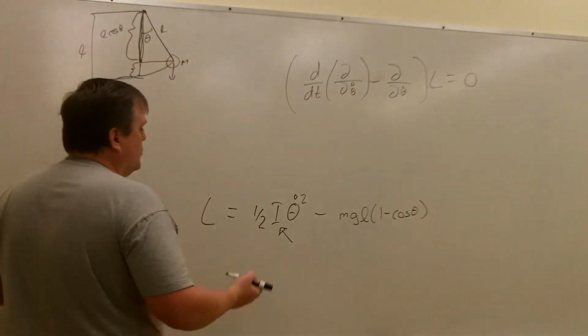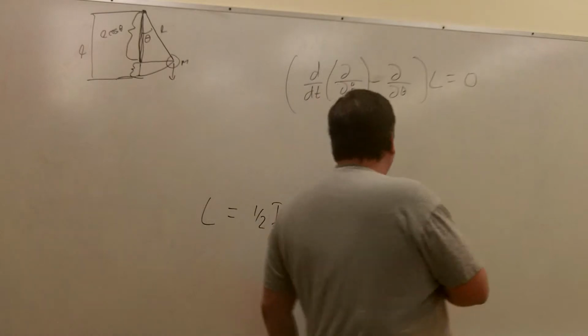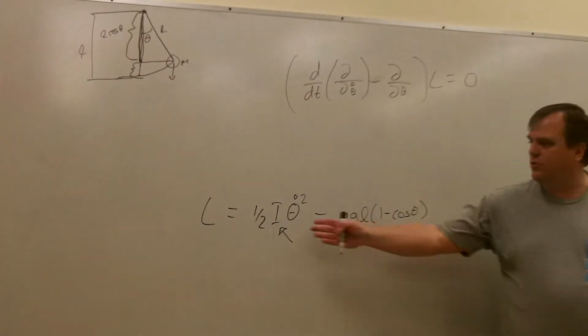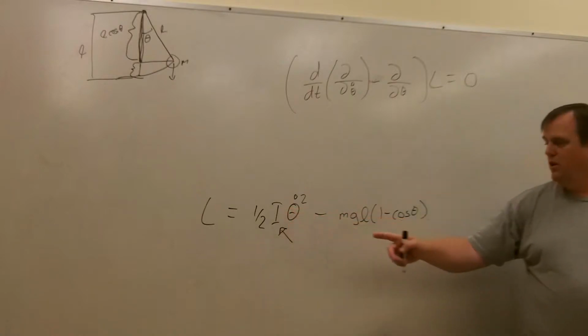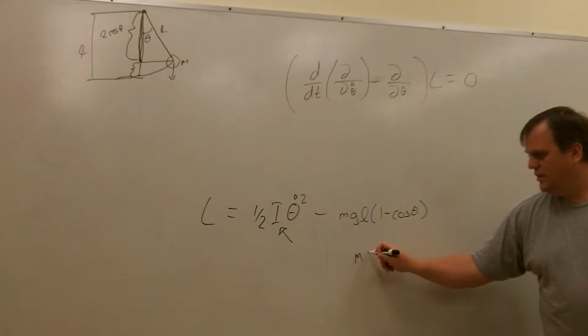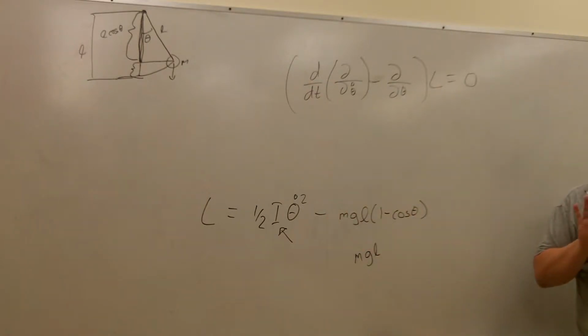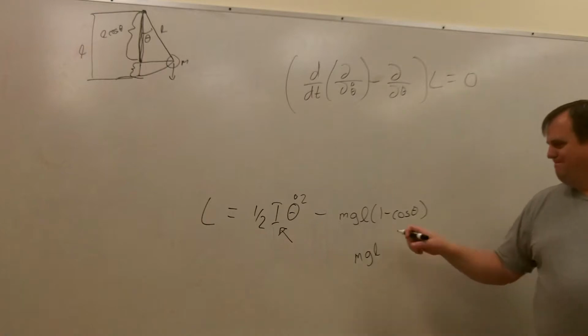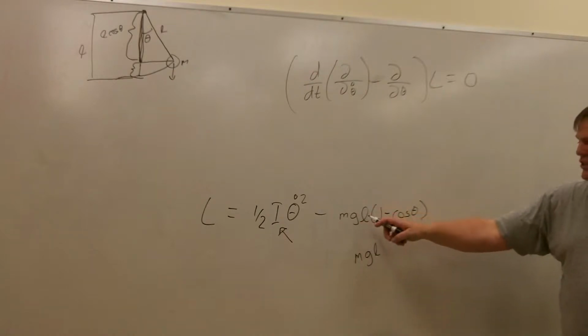All right? So, first off, we'll start with theta. It's kind of easy as we go. So take the derivative of this whole thing. The derivative of this with respect to theta is 0. The derivative of this with respect to theta? mgl, we'll get the minuses and the signs in a sec. So I take mgl, that's just a constant.